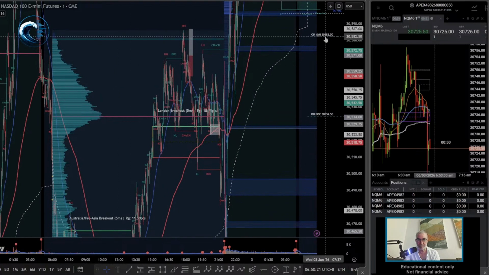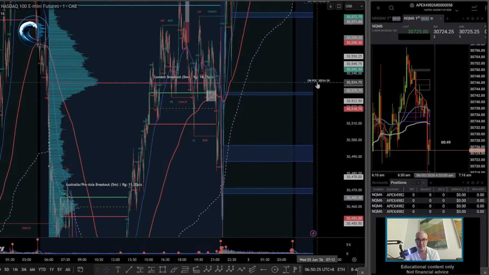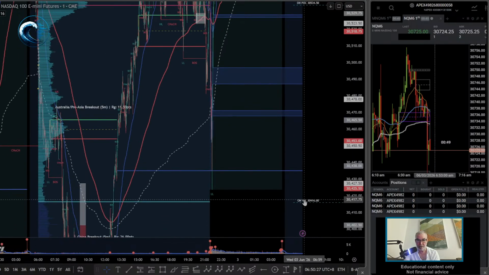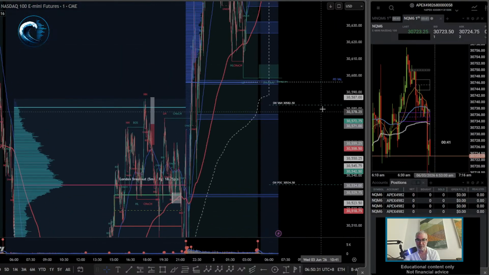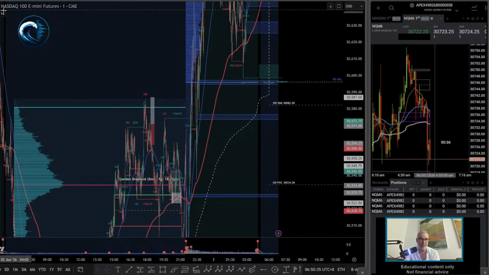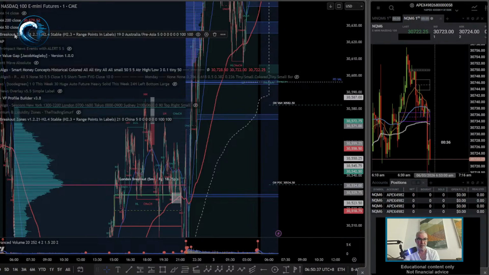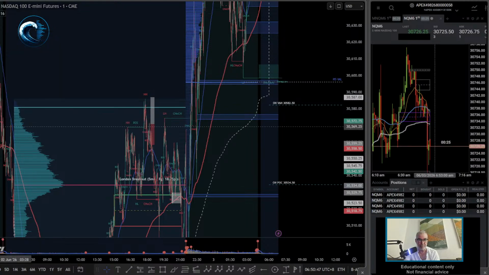So overnight value high, overnight POC, overnight value low. Now, the reason why it's set up a little different, these are manual inputs, and then I've got my own tool that I've created that plots these automatically. Sometimes they're a bit out, so I move it to manual.